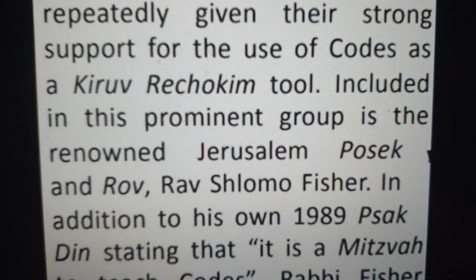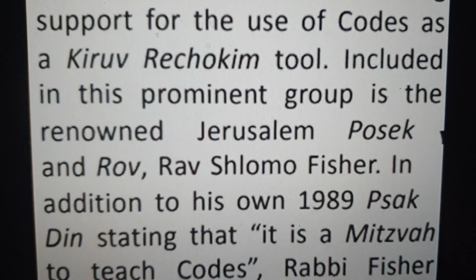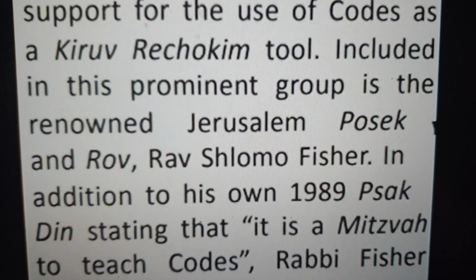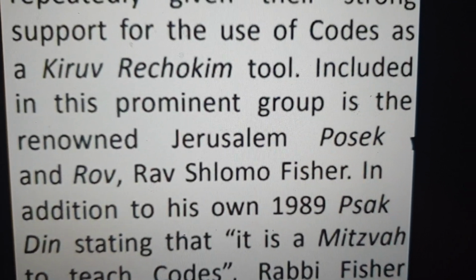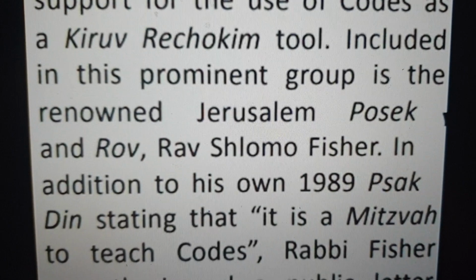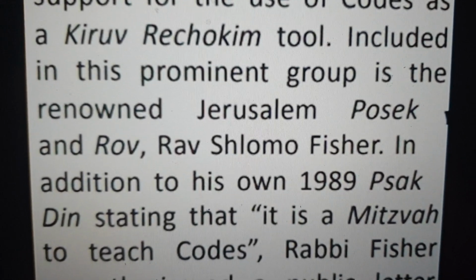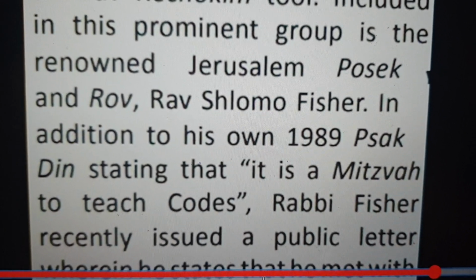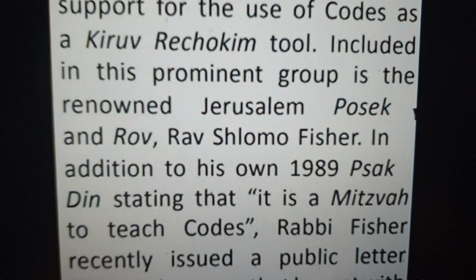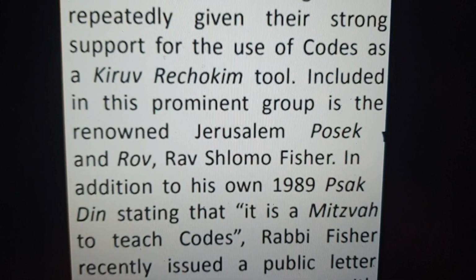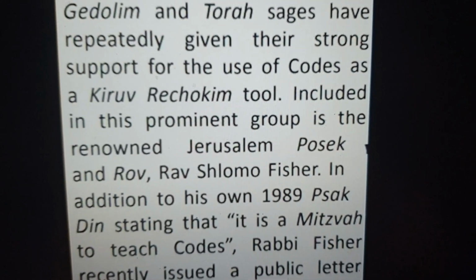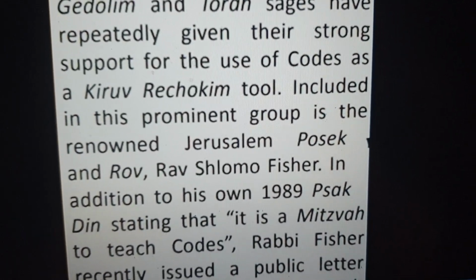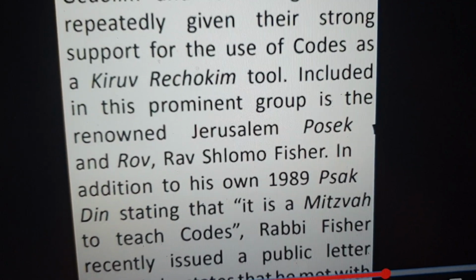Included in the prominent group is the renowned Jerusalem posek, Rabbi Shlomo Fisher, in addition to his own 1989 psak stating that it is a mitzvah to teach this. Rabbi Fisher recently also issued a public letter for it. So we have many others also, Rabbi Silvan and others, about the importance and great mitzvah to advertise and to choose a code with a clear proof that arises from heaven.